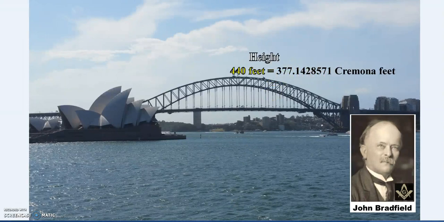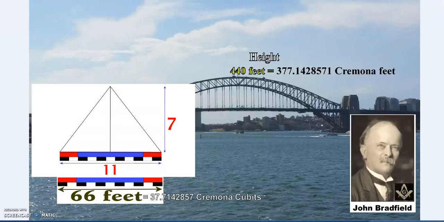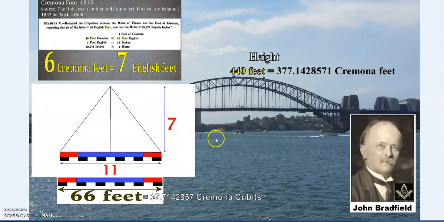The streets of Sydney or Canada, again, you'll find in many ancient structures, not just Abu Simbel, but 66 feet or 1 Gunter's chain or 2 Rathbone chain, 33 times 2 is 37.142857 Cremona units. Now, the Cremona is an older unit which has fallen out of use, but you have to go back to the 1800s to find the references to it.